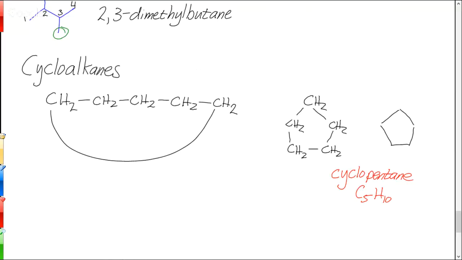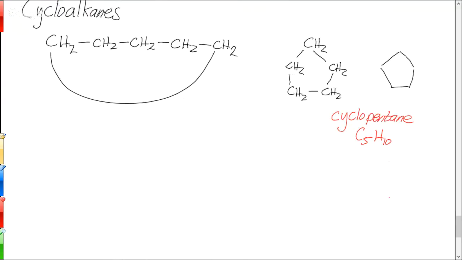You can have cycloalkanes starting at 3 carbons. You can have cyclopropane, and you can't get any smaller than that because you need 3 points to have a shape. You can have cyclobutane, and cyclopentane we just did.